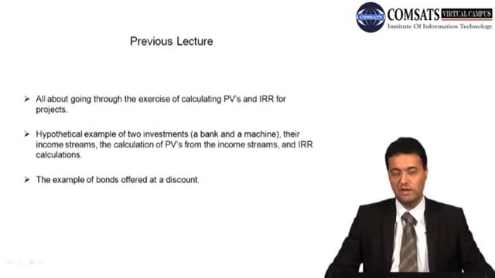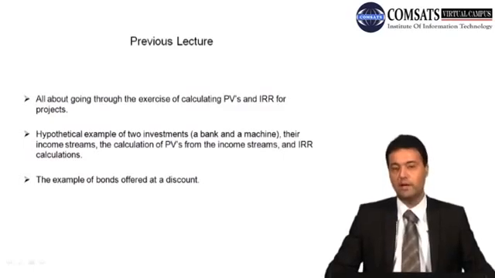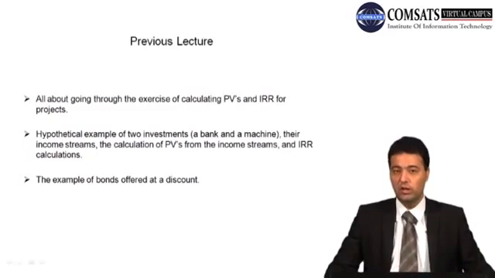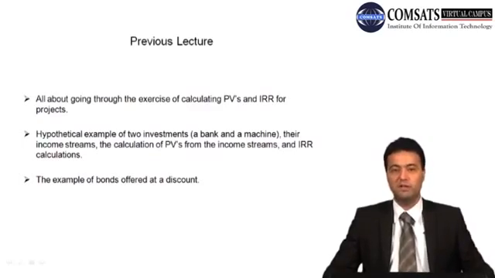One investment was related to a bank, the second to a machine, and we tried to gauge through calculating the present values and the internal rate of return what the outcome would tell about the feasibility of these two comparative investments. In the end we came to the conclusion, based on IRR and the present values, that the income from machines would certainly represent a good option in this case.